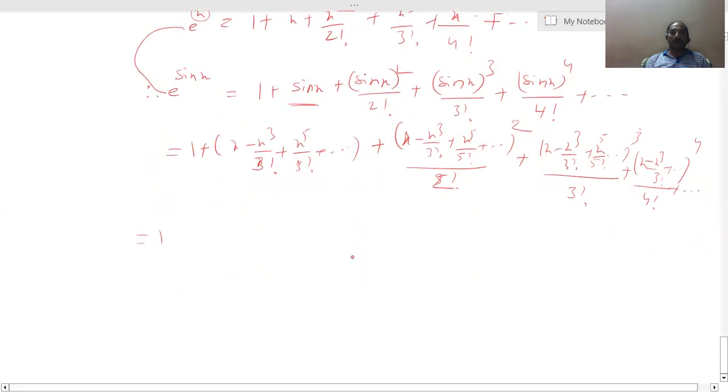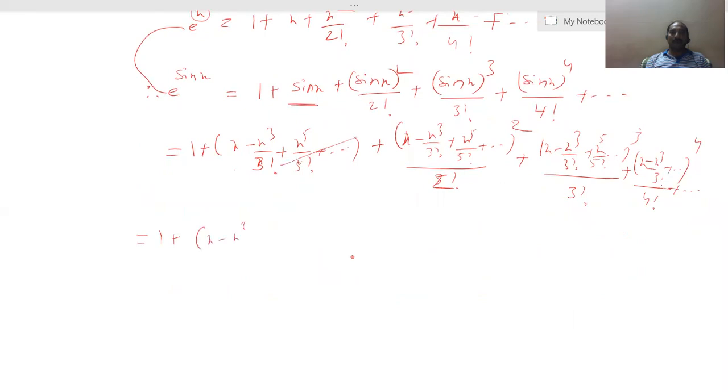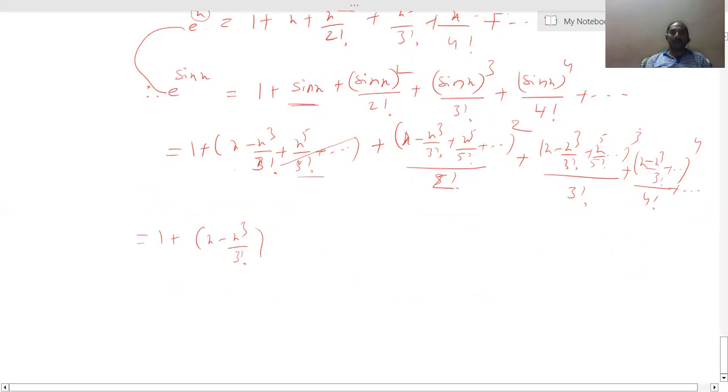Which is equal to 1 plus... We don't take beyond x power 4, which we required. So we consider these two terms. Remaining terms we'll write down as and so on; no need to mention their exponent.